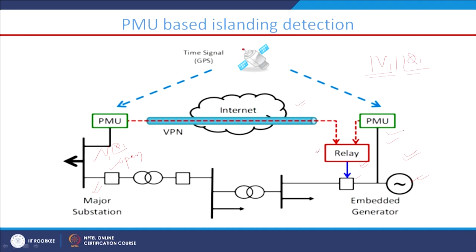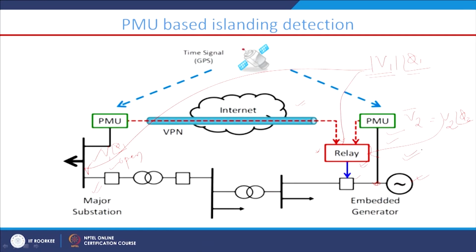Similarly, this PMU will also measure the voltage at this bus, some phasor with magnitude V2 and angle phi 2. When these two quantities, the DG terminal voltage and the main grid voltage, reach this relay, the relay will decide whether there is an islanding situation or not.